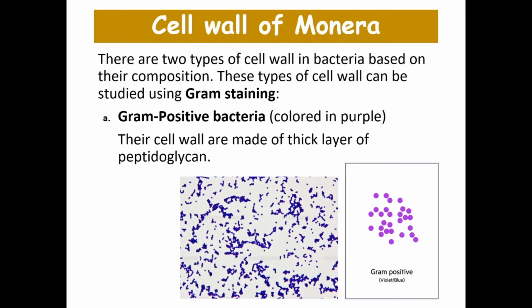These types of cell wall can be studied using gram staining. The first type is gram-positive bacteria, colored in purple. Their cell wall is made of a thick layer of peptidoglycan. You can see in the picture a gram-positive bacteria colored in purple.